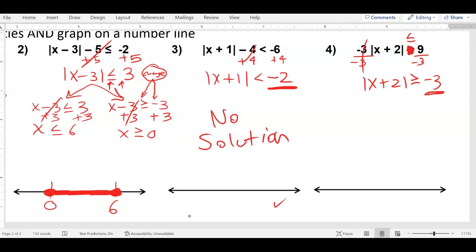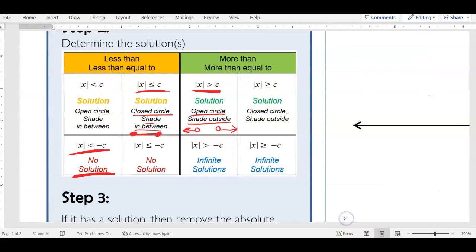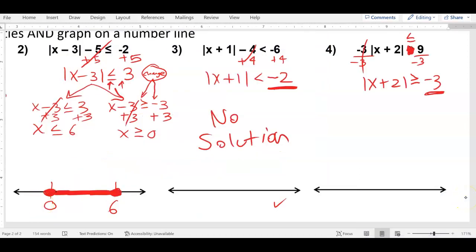So let's go back to our notes. Greater than or equal to a negative means infinitely many solutions. All right, so infinitely many solutions. My computer hates me right now, and it will not write correctly.